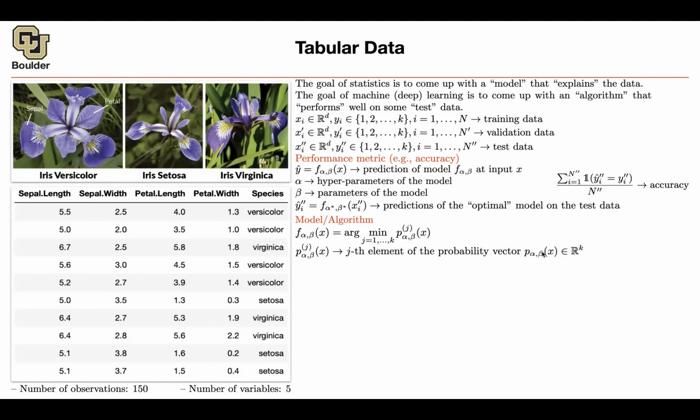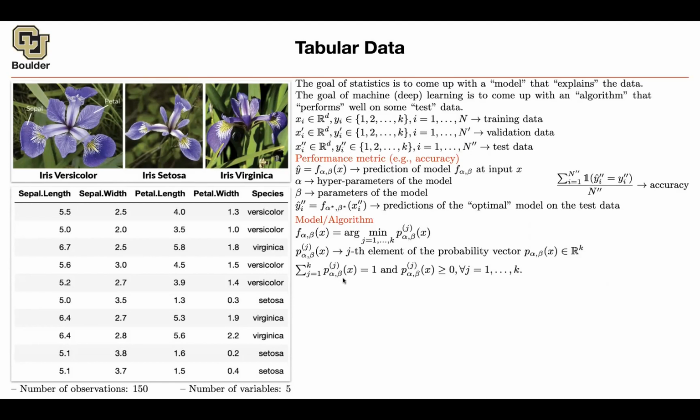And because we want it to be a probability vector, it has to add up to 1, and it has to be positive, or actually greater than or equal to 0, for it to be a probability vector. As soon as you have a probability vector, I'm not telling you what the details are yet. I'm going to tell you next by the end of the slide.